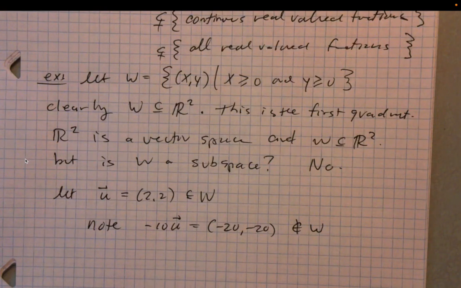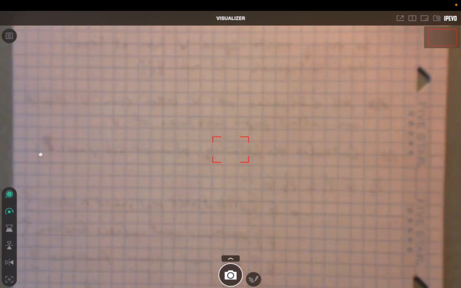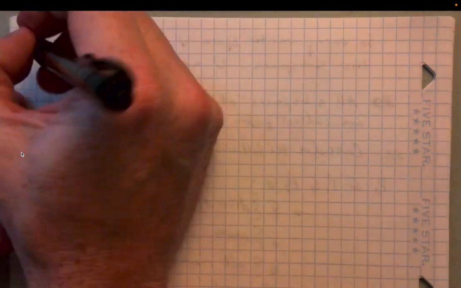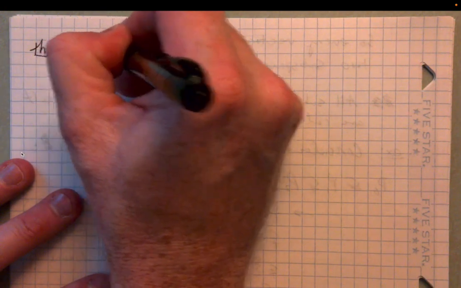Excellent. This leads us to a nice theorem for identification of subspaces. We don't always want to go through and check all 10 properties of a vector space to confirm that something's a subspace. We might be able to do it quicker, and indeed this theorem is for that purpose.